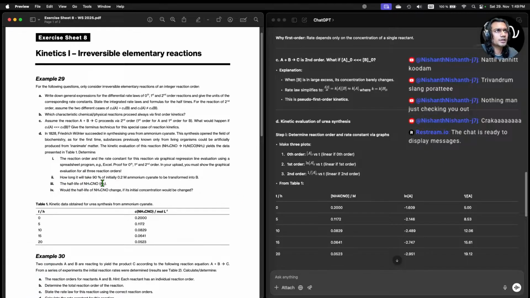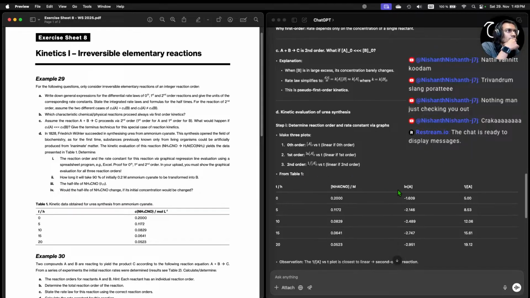How long will it take for 90% of the initially 0.2 moles of ammonium cyanide. Ammonium cyanide. I think that's ammonium cyanide. B. This would be B. Half-life of ammonium cyanide. Would the half-life of NH4 change if its initial concentration changed?